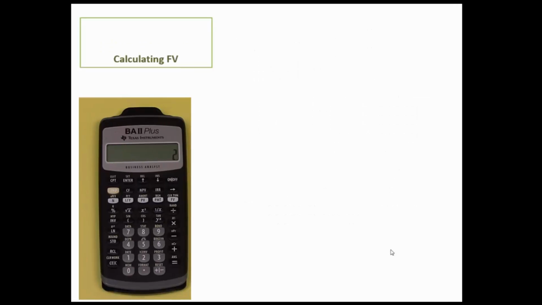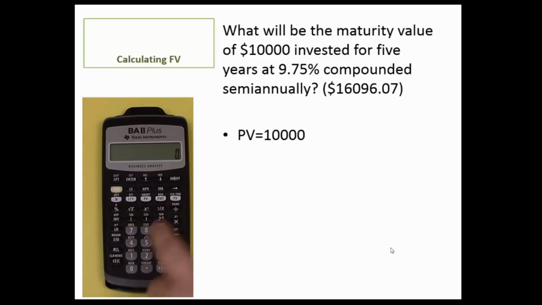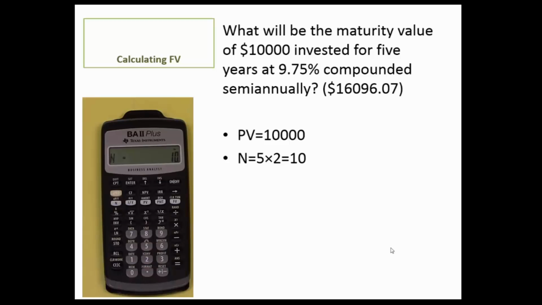Here is an example of how to calculate future value. What will be the maturity value of $10,000 invested for 5 years at 9.75% compounded semi-annually? First, enter $10,000 for present value. Next, enter 10 for N. The IY value is 9.75.